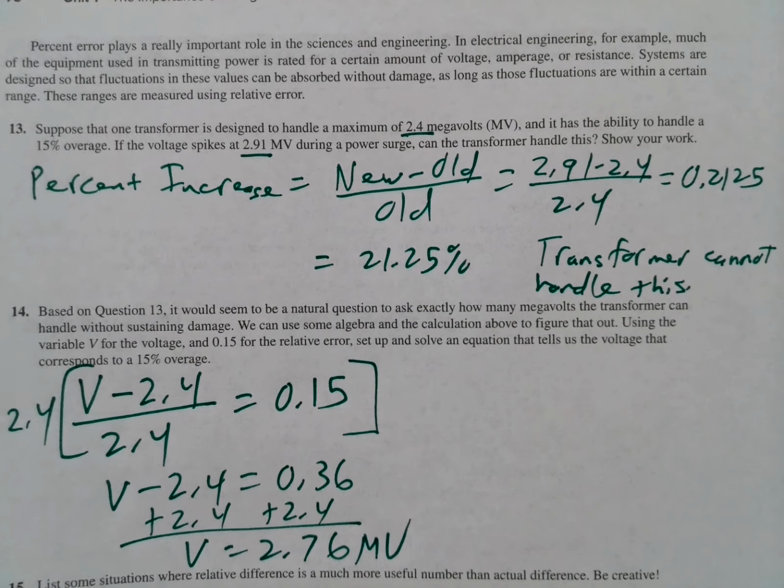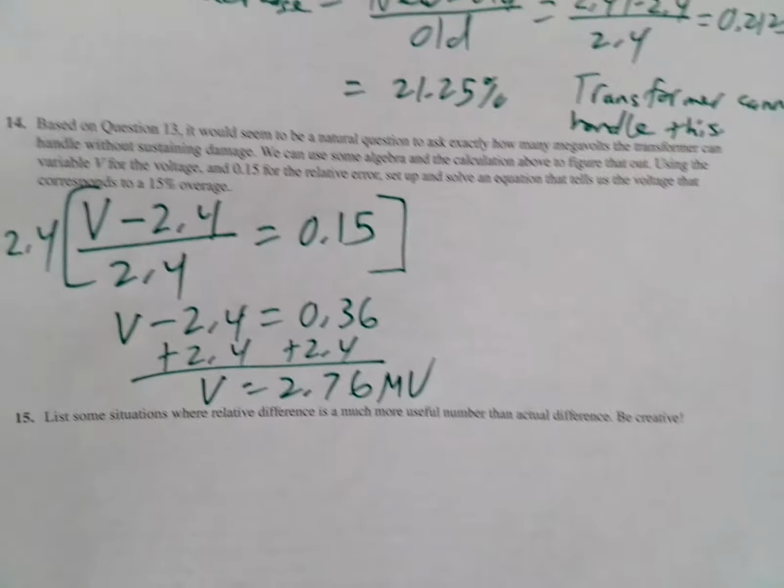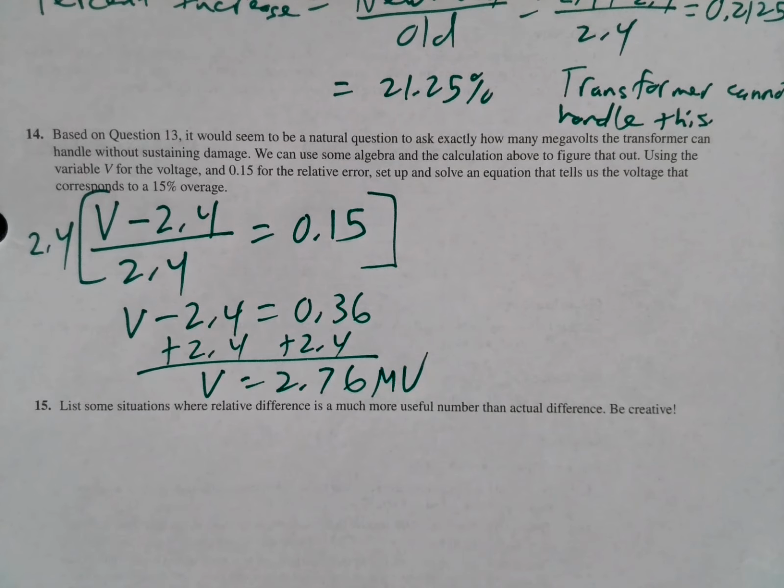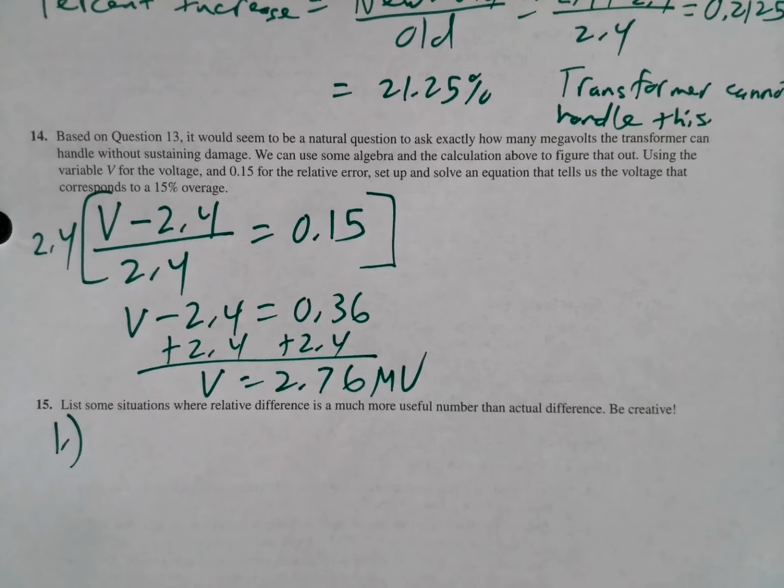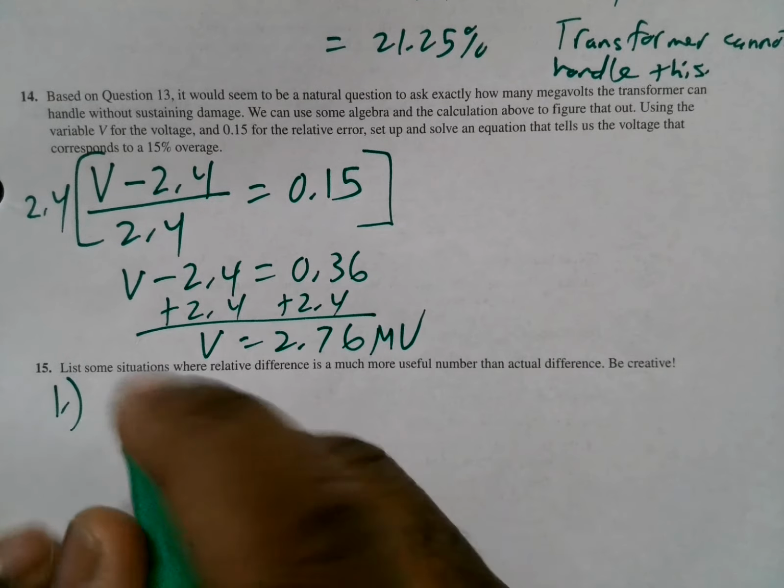Okay, number 15. It says list some situations where relative difference is a much more useful number than actual difference. Be creative. Okay, relative difference.